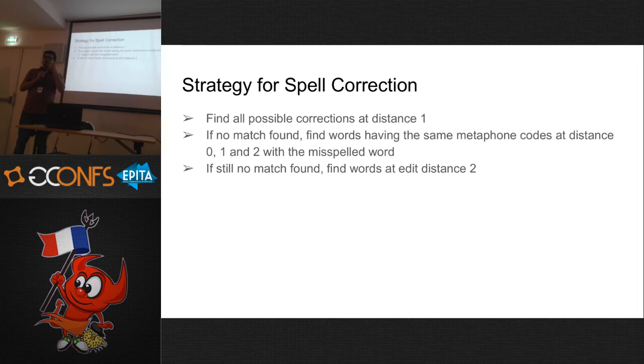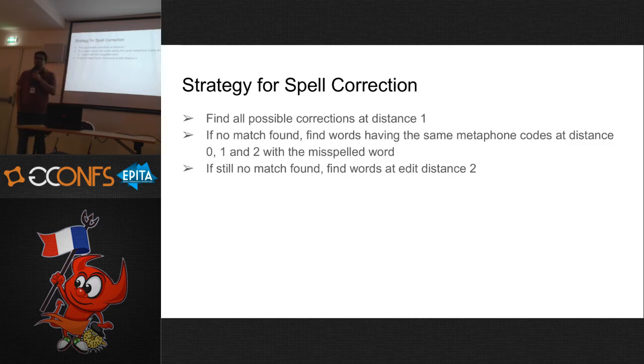So this is a technique to filter down the list of possible corrections. And once we have all these algorithms, we have to figure out how to combine them to get the best possible accuracy. There are various choices here. You can just take all the words at edit distance 1 and stop there. If a match is found at edit distance 1, just take that. That gets good accuracy, around 70 to 80%, but it does not cover all possible spelling errors.